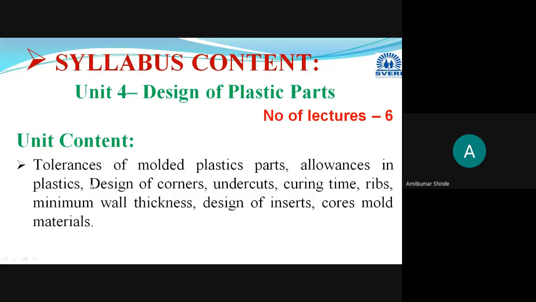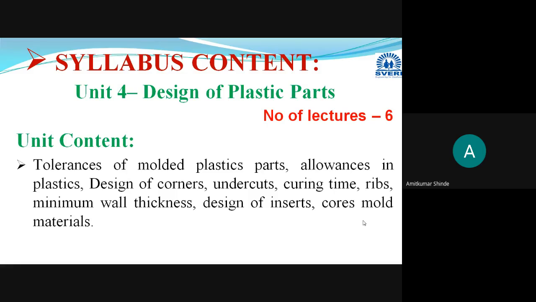Then we are going to discuss the design of corners, undercuts, ribs, then the wall of that particular plastic part, then the design of inserts, and along with this the core material and mold material, and the concept of curing time.